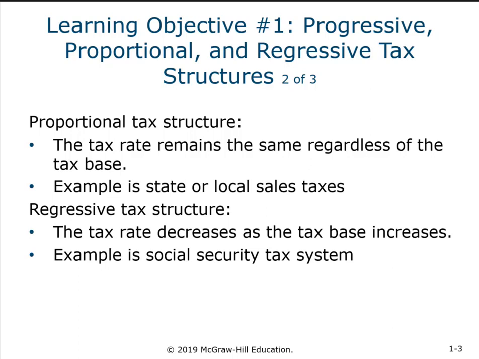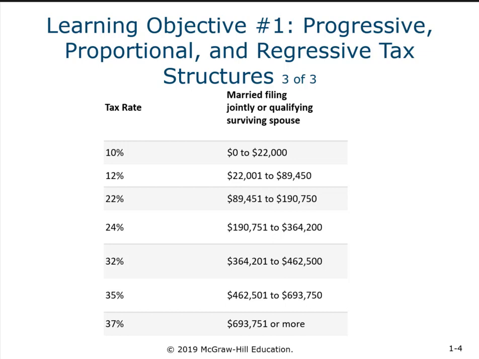So there's actually the Social Security tax system, which has a rate up to a maximum, and then after that you don't pay the Social Security tax. So it goes to zero because the amount of income over that is not considered in calculating your Social Security benefits. All right, that's our tax rate structure.